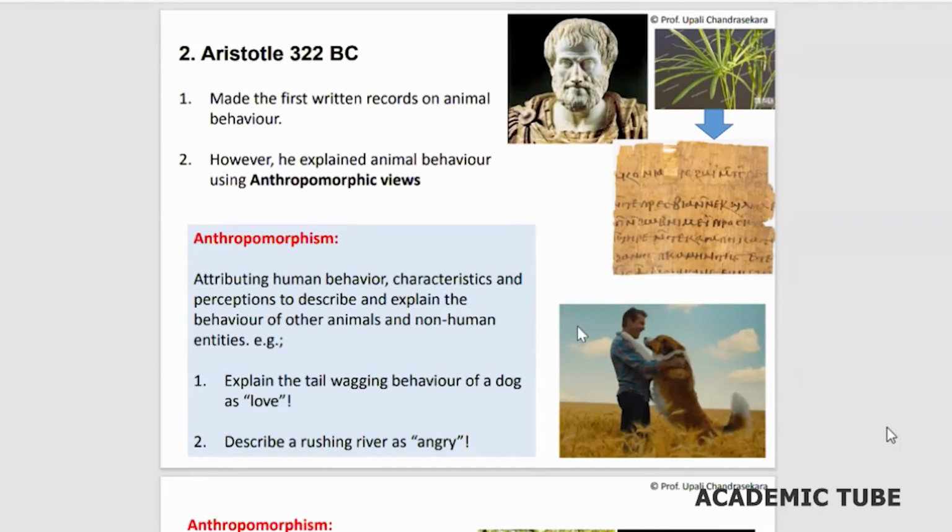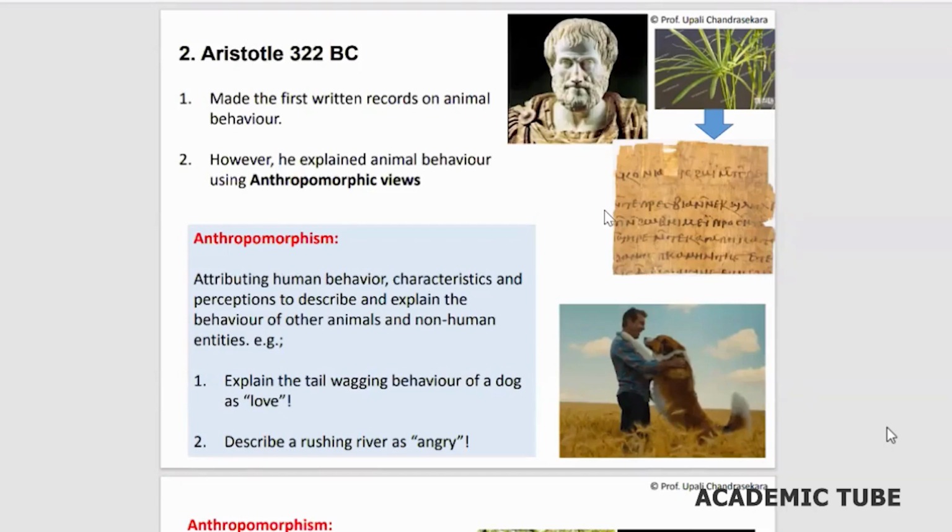So the brain functioning, the brain activities are different. So we really cannot tell if the dog or any other animal has the same kind of feelings that we have. Do you understand? But Aristotle made that particular error. He explained the behavior of other animals in terms of human ways.